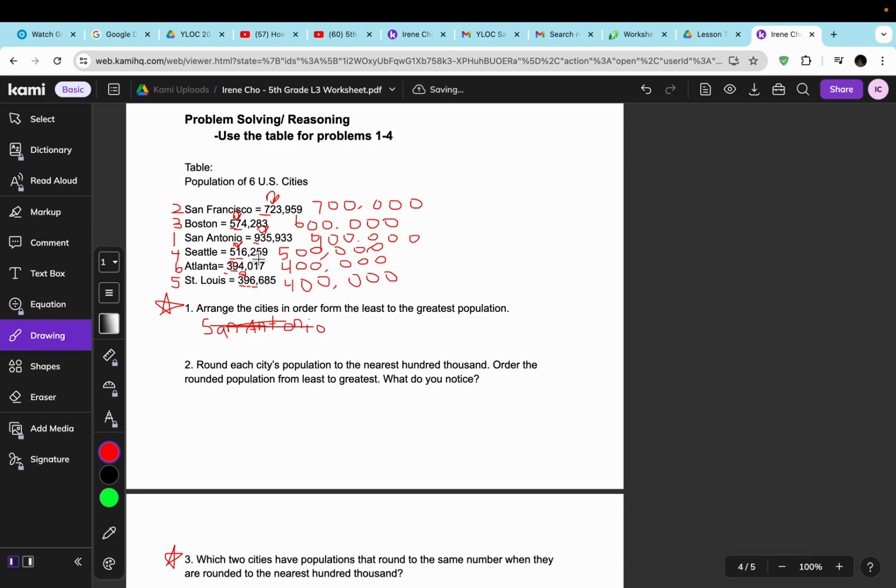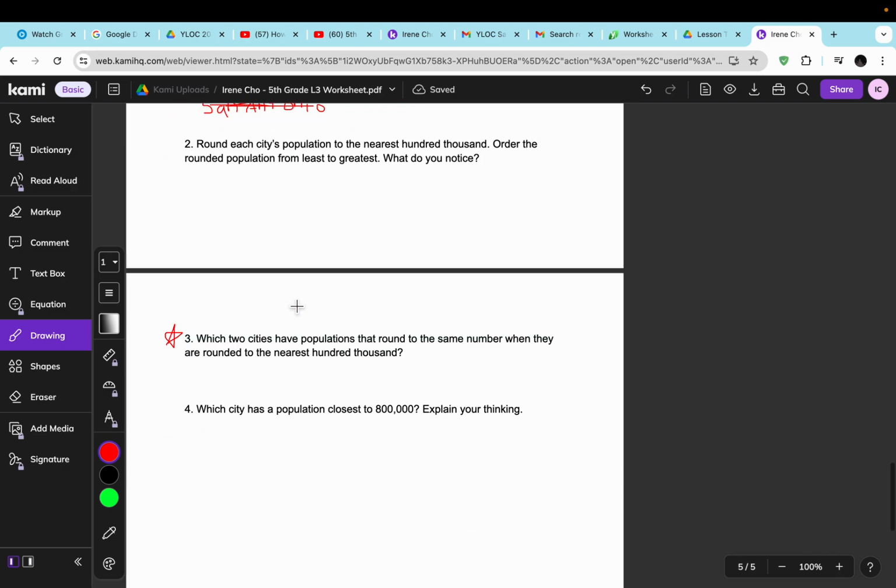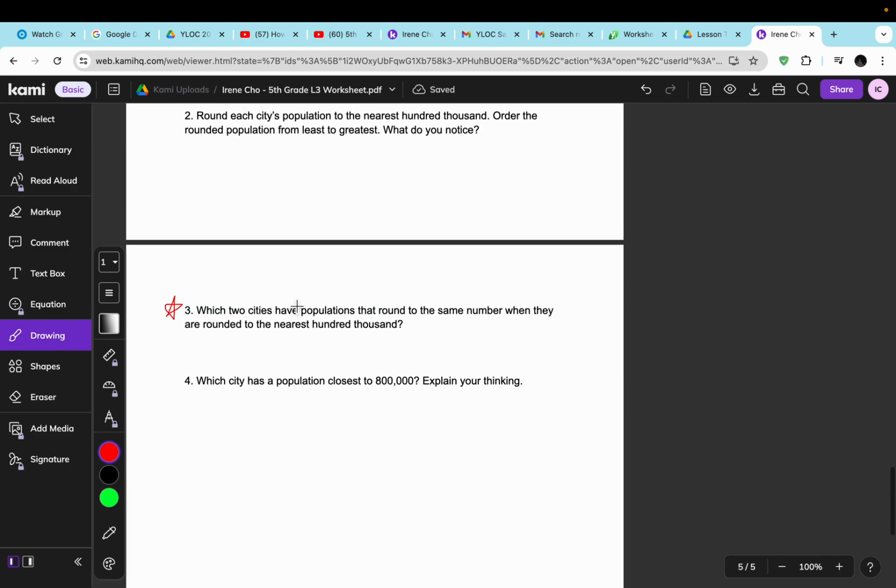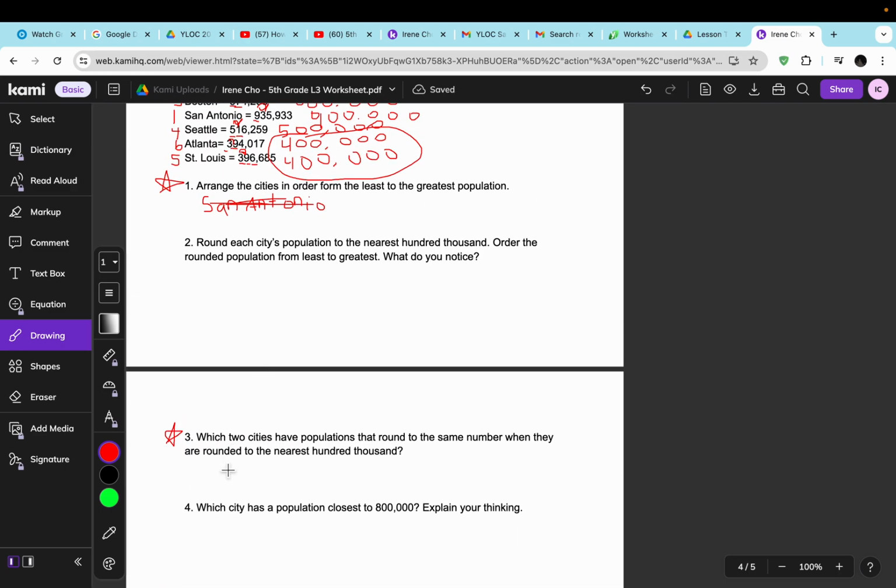So Atlanta and St. Louis both have 400,000. So for the two cities, we can write Atlanta and St. Louis.